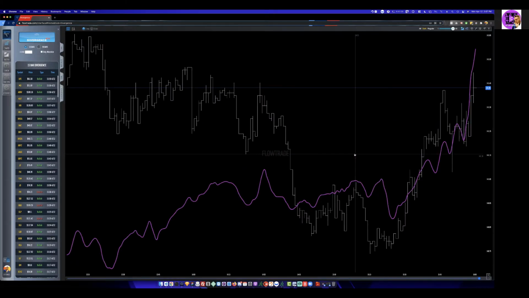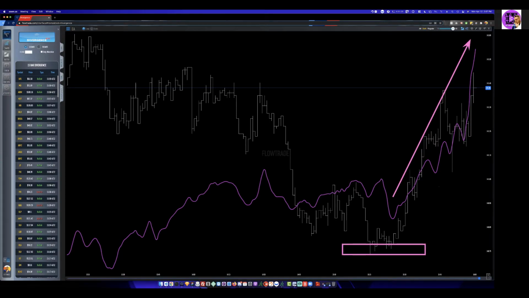EA on the 1 minute is totally trading with the algo. Price action is following the algo. Ever since we made this bottom, we got strong buying from large institutional money.